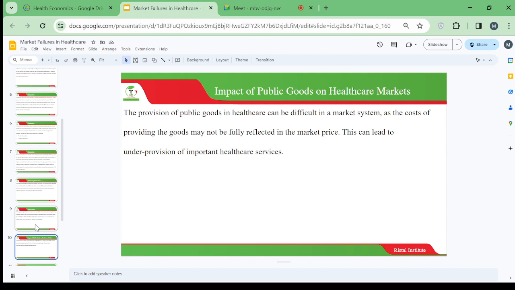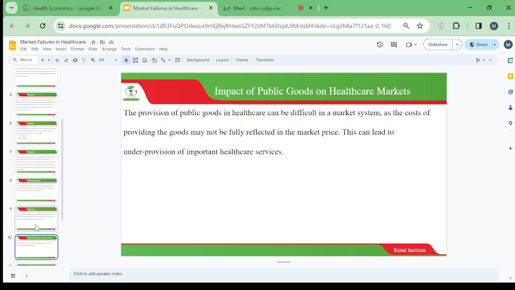So what is the impact? What does it mean? If we look at health as a public good, it means that the prices or the costs of healthcare services may not really follow that pattern of a perfect competition.